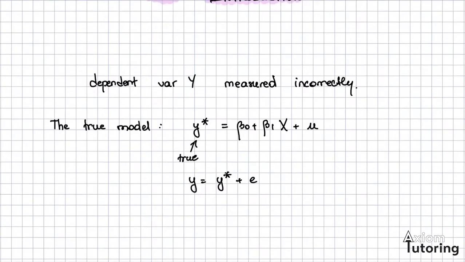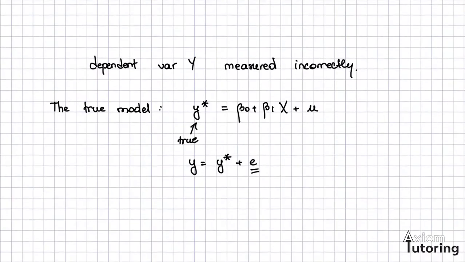Now, this e is your classical measurement error. What do I mean? I'm assuming here that the expectation of this error is 0. So the observed value equals the true value plus some random noise.